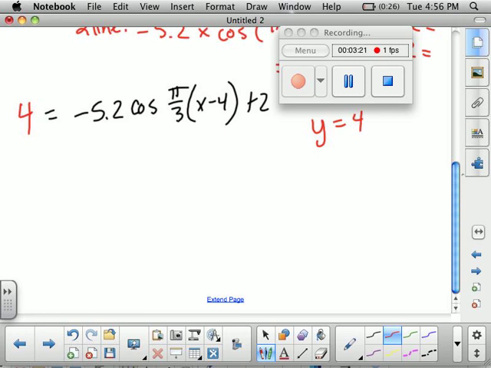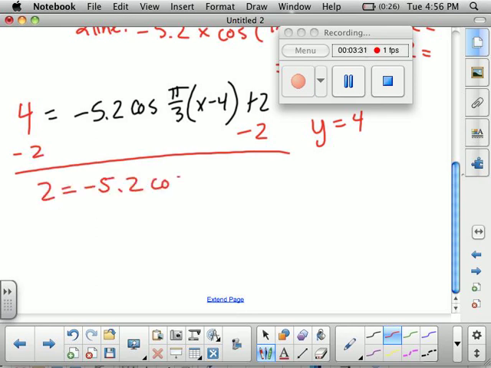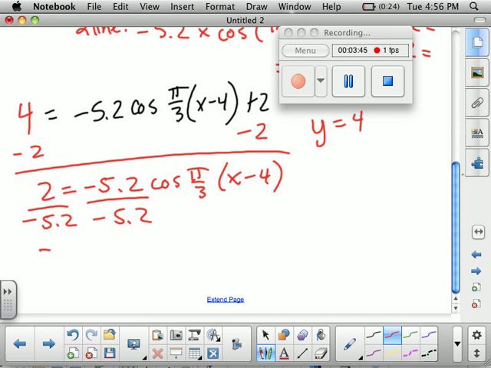Okay, so now we want to go ahead and get the x variable isolated. So start by subtracting 2. And then we're going to divide by a negative 5.2. And when we divide that, we're going to come up with negative 0.3846, etc., equals cosine pi over 3 x minus 4.